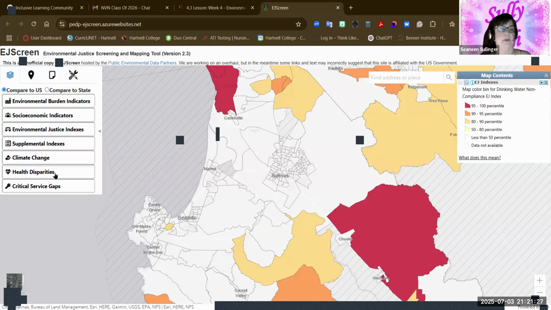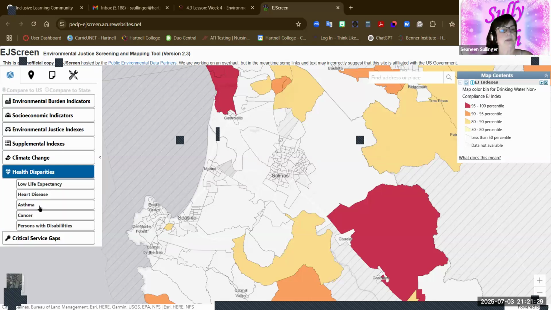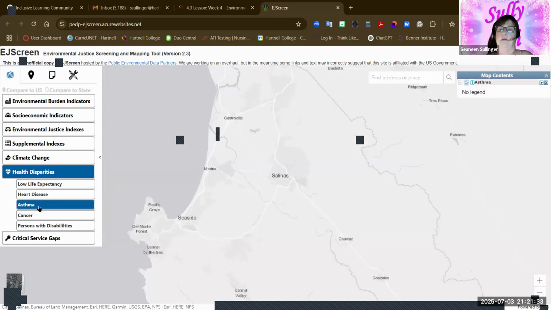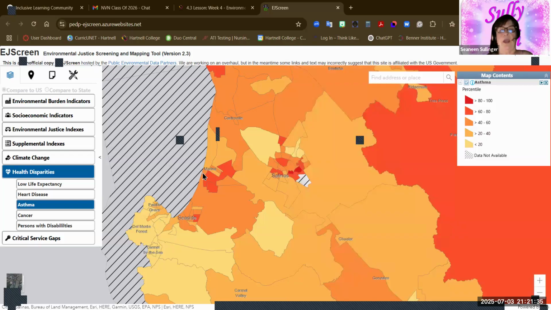You can look at health disparities. It will give you, for example, asthma, and show you where asthma is more prevalent. So you can look at what those particular areas are.